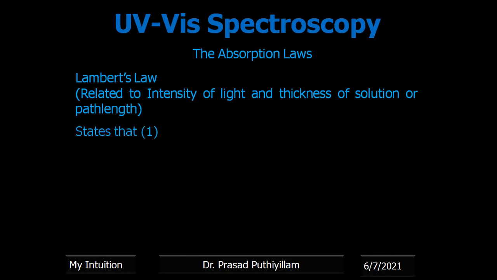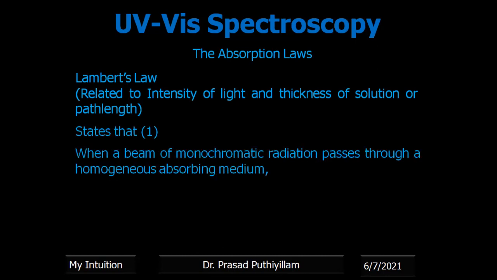Now Lambert's law states that when a beam of monochromatic radiation passes through a homogeneous absorbing medium, monochromatic light is already clear. Homogeneous means it is not having any phase separation or turbidity.